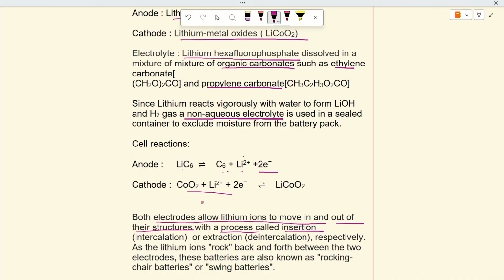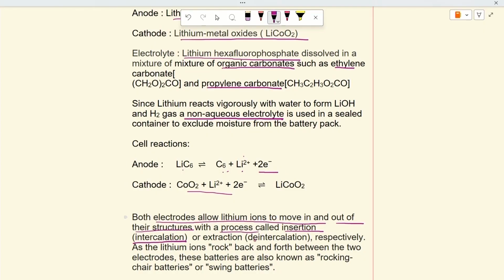Now, this process is known as intercalation. Okay. Intercalation.